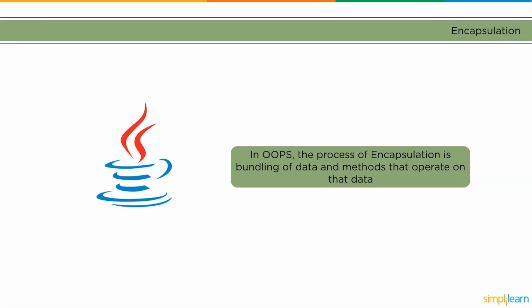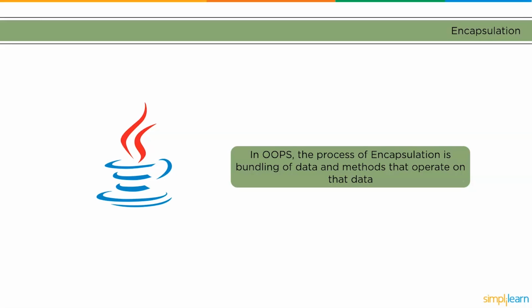So that's exactly what I mean, the data manipulation methods. So the data members a and b and the data manipulating method which is sum a plus b. So these two are encapsulated together or kept together by using the process of encapsulation. So the term is encapsulating the data members and methods.